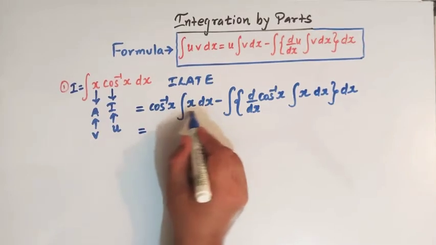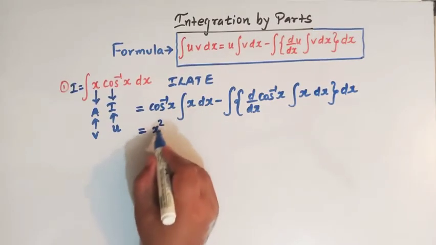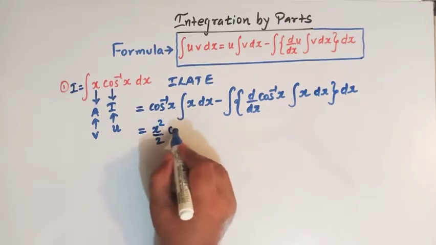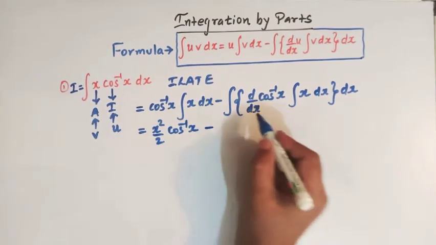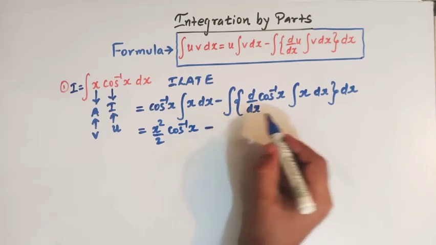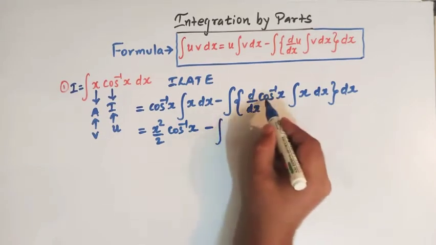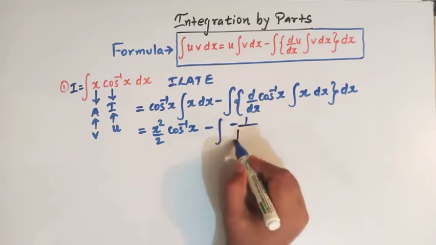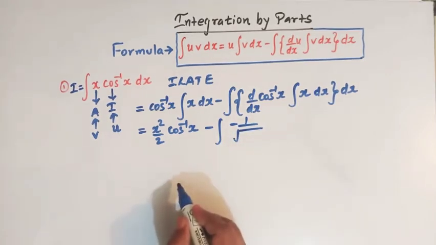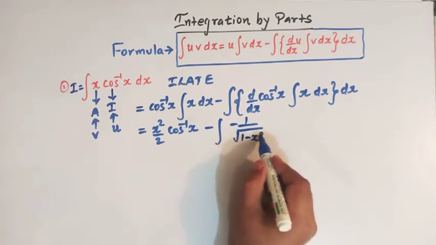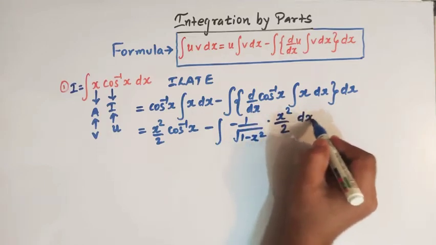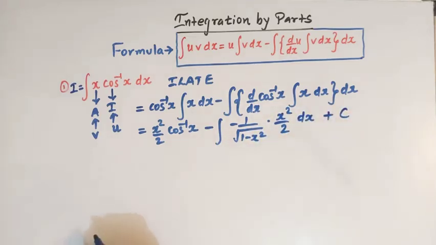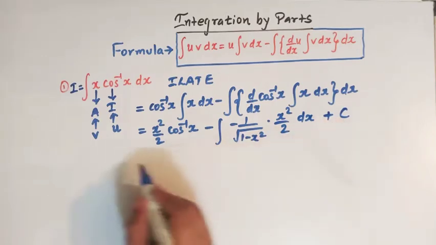So this integral is x square by 2, and this is cos inverse x minus, here we'll have the derivative as minus 1 over square root of 1 minus x square, times x square by 2, and here we have dx plus c, right? C is the constant of integration.